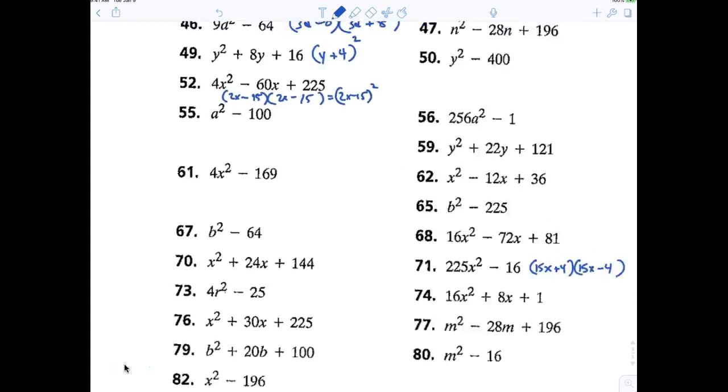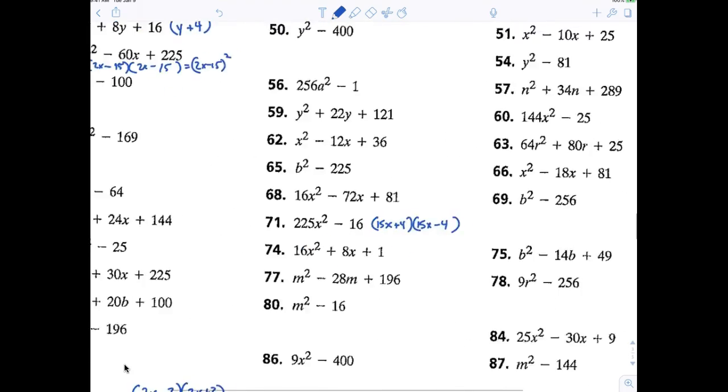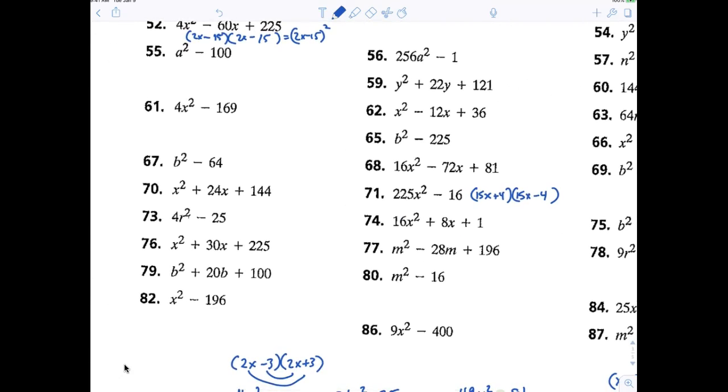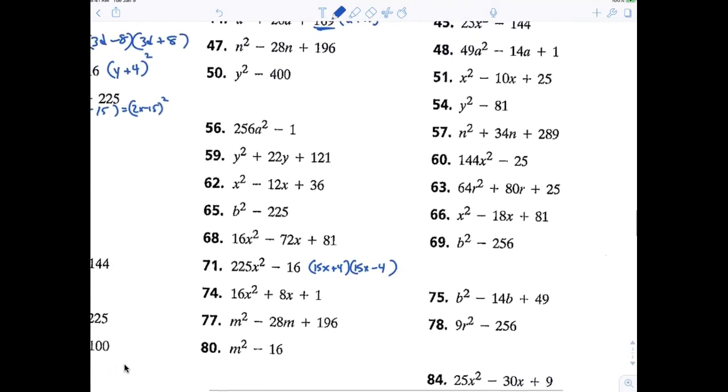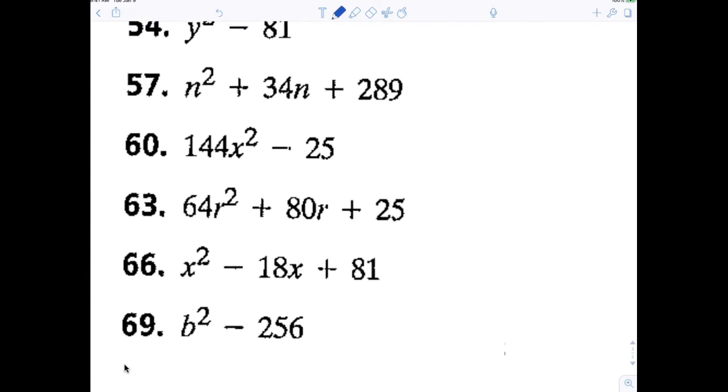All right, let's look at 64. Somebody else. Tell me. Let's look at 57. Yeah, a lot of people don't know what perfect square. 17 times 17 is 289. You hear me now?